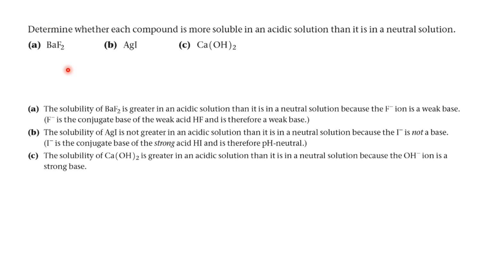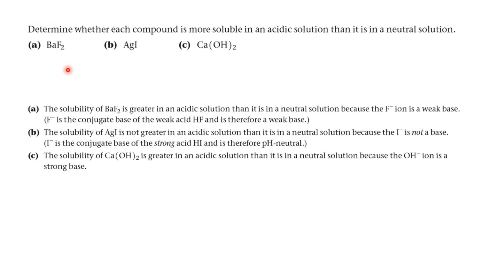HF is a weak acid. It's not one of your strong acids. So if you have a weak conjugate acid, a weak acid of a conjugate base, then what does that mean for the F minus? That means it's going to be a weak base.